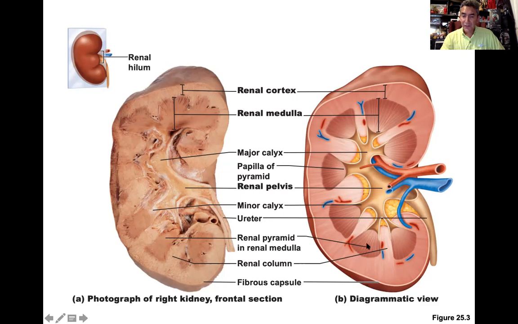So again, we would filter the blood. The waste then would start to go to the minor calyx, aggregate into the major calyx, into the renal pelvis, and then out the ureter.